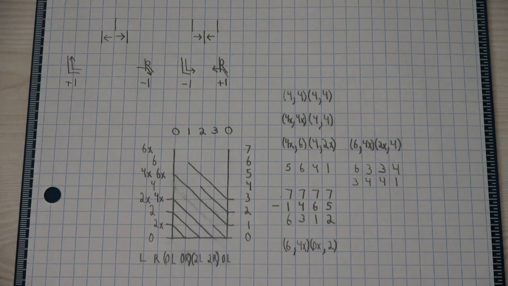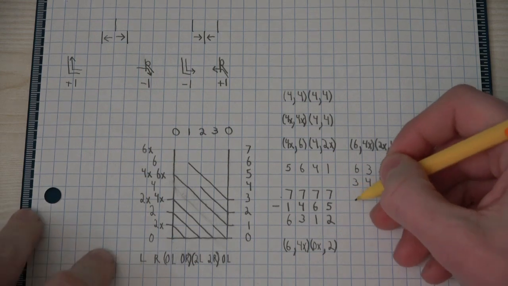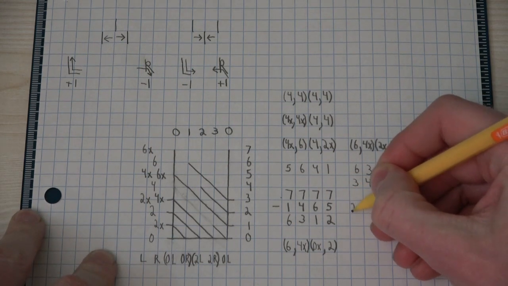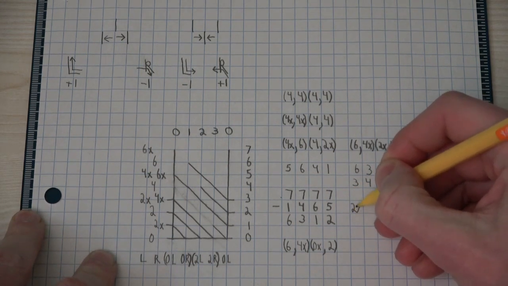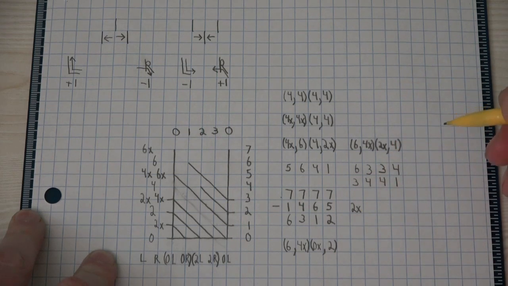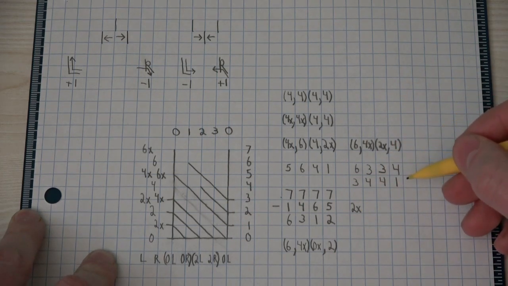To get the corresponding synchronous siteswap, we subtract 1 from the left hand 3 and add an x to get a 2x. We add 1 to the right hand 1 and add an x to get a 2x.